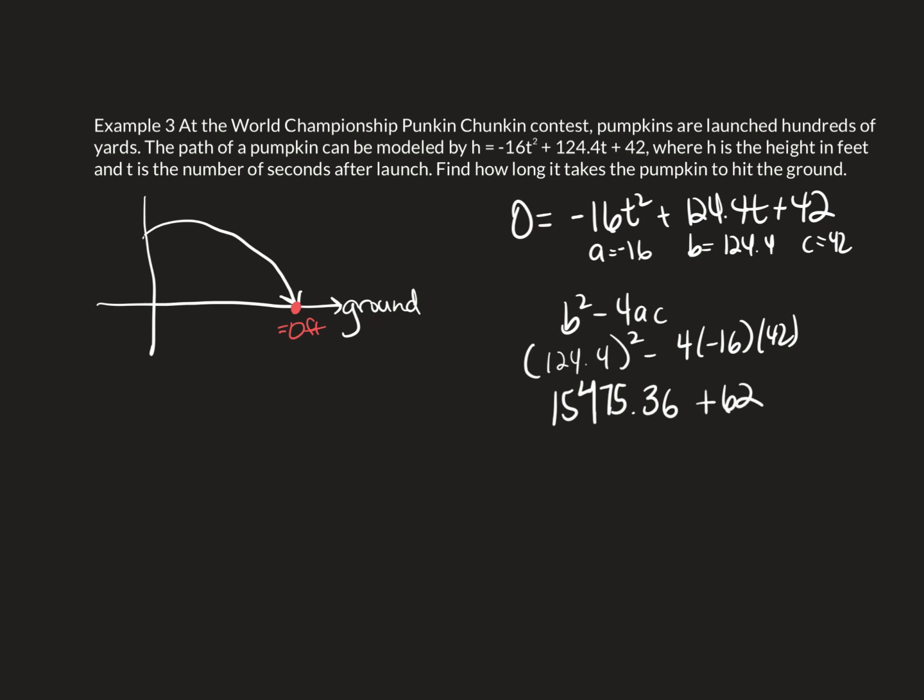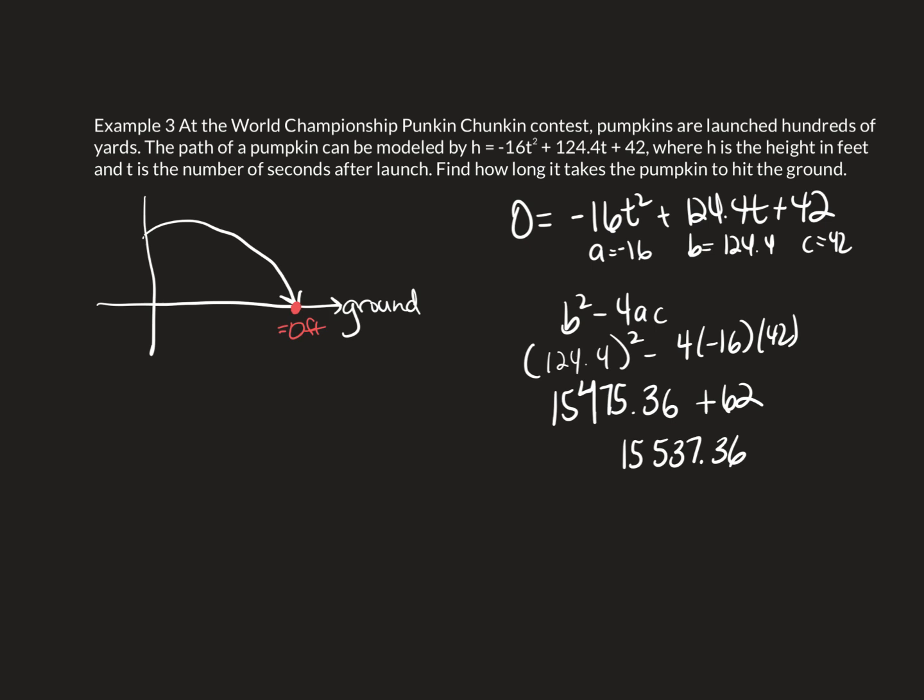I'm going to add those together. 15,475 and 36 hundredths plus 62 is 15,537 and 36 hundredths. So that is my discriminant. And I'm pretty certain that that is not a perfect square.